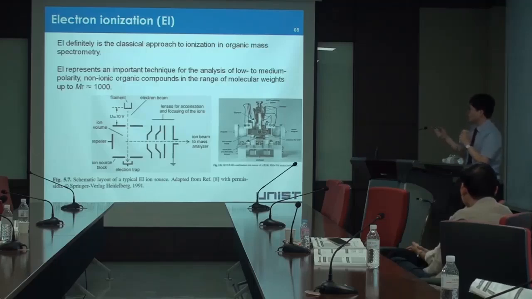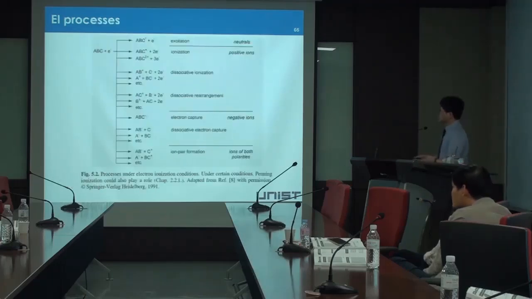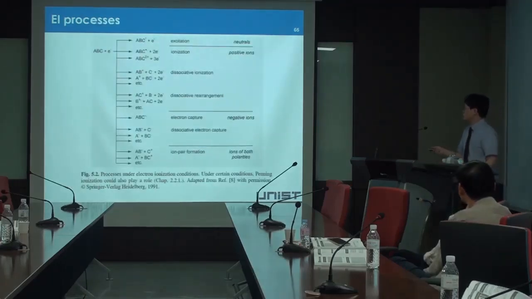Molecules hit by an electron lose one electron. This is M plus. If they lose two electrons, this is M2 plus. Okay. It becomes ions. So there are many types of EI processes.